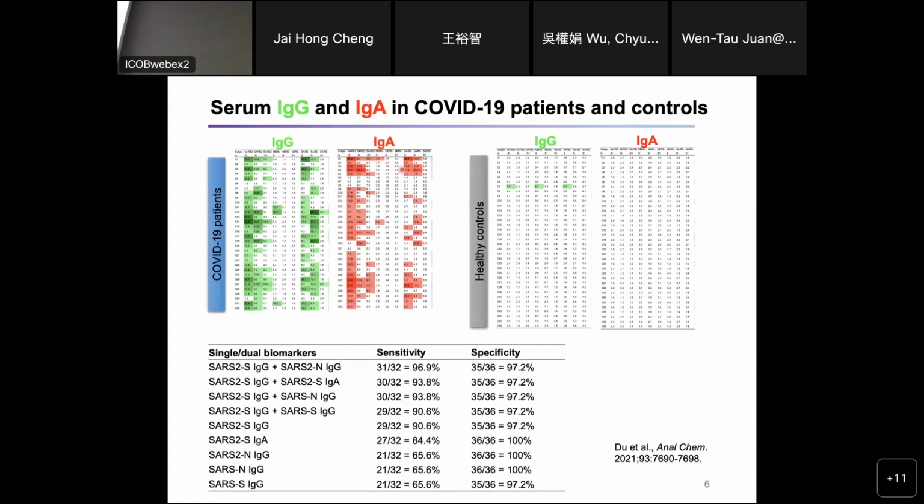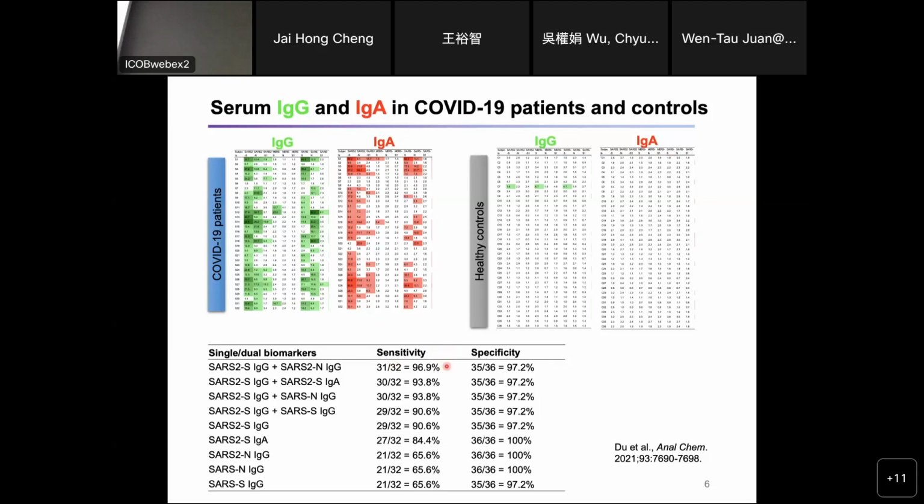And some patients only respond with IgG but no IgA at all. So there are some subject differences. And we actually found some good biomarkers with a combination of IgG and IgA, with sensitivity around 97% and specificity around 97%.